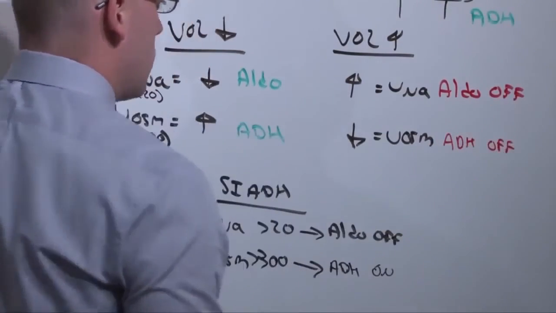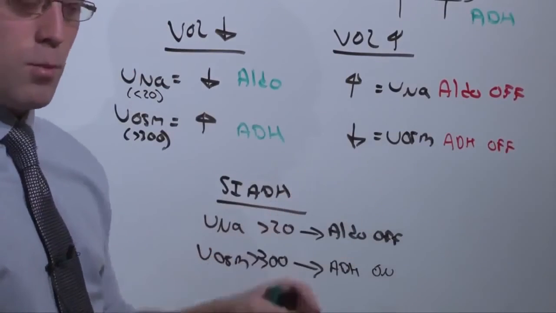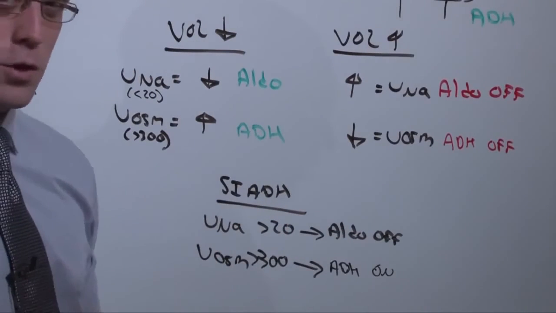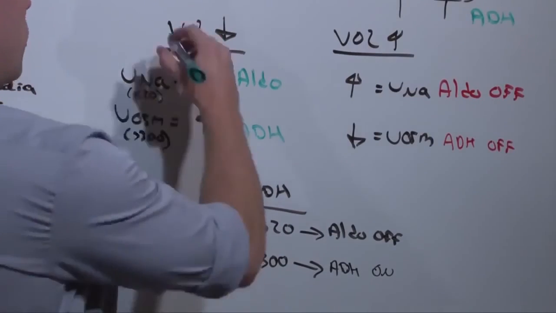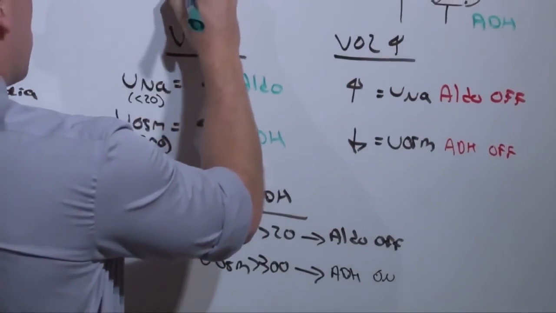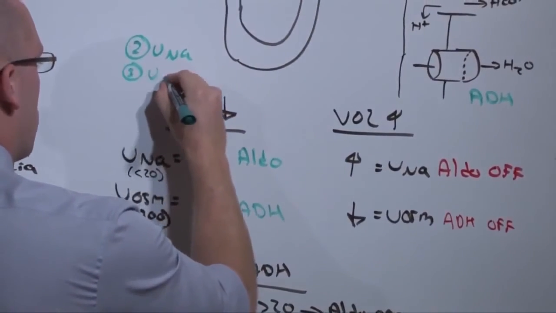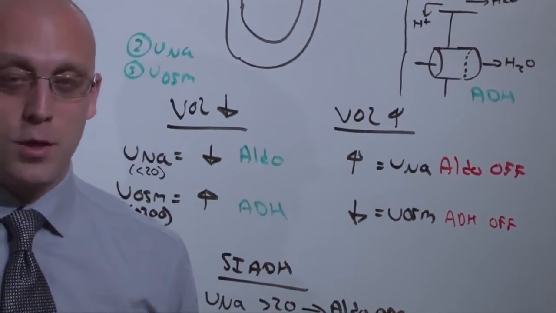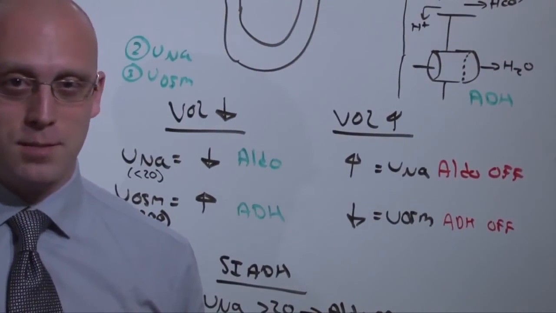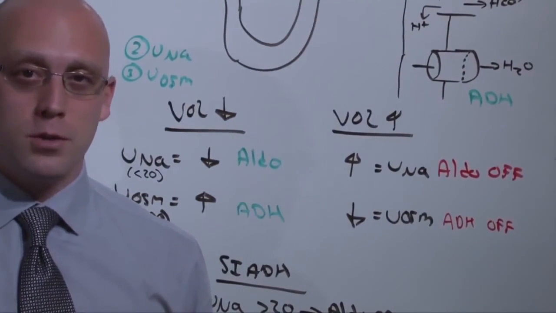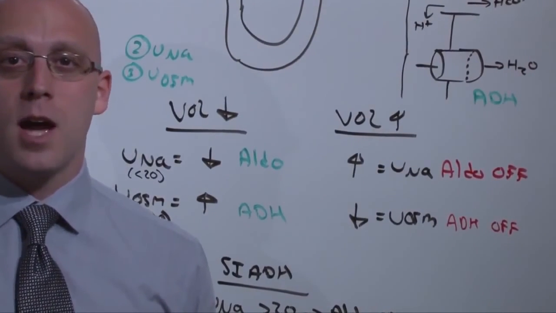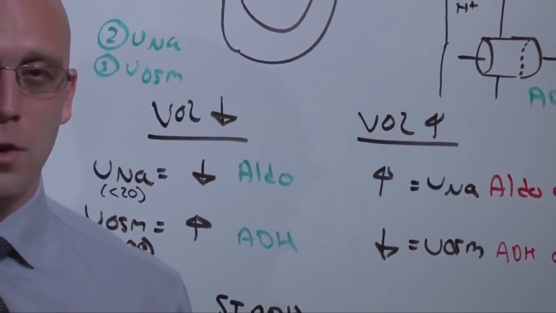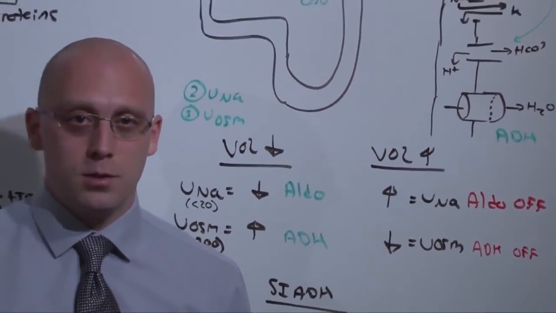This is teleologic because the body is not binary, but you can start to see that the tests you want to order, even if you didn't fully understand this discussion, are going to be the urine sodium and the urine osms. And so to summarize, if you've been paying attention to the numbered tests, to fully explain what's going on in a hyponatremic state, you will order a serum osms, a urine sodium, and a urine osms.